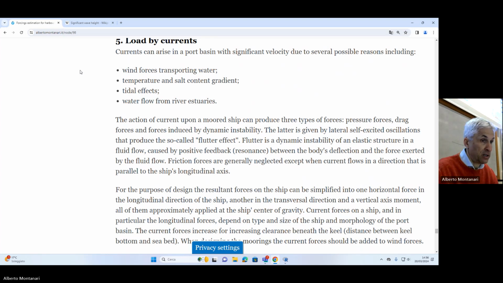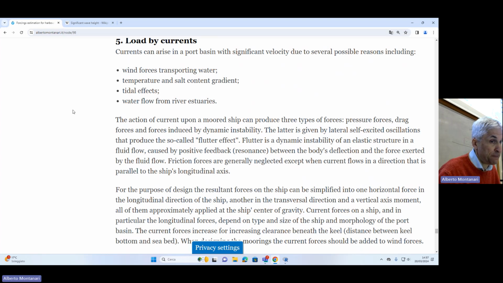Otherwise, you have to consider resonance. As I said, we will discuss resonance further because there will be a lecture dedicated to it, because it's an interesting matter.